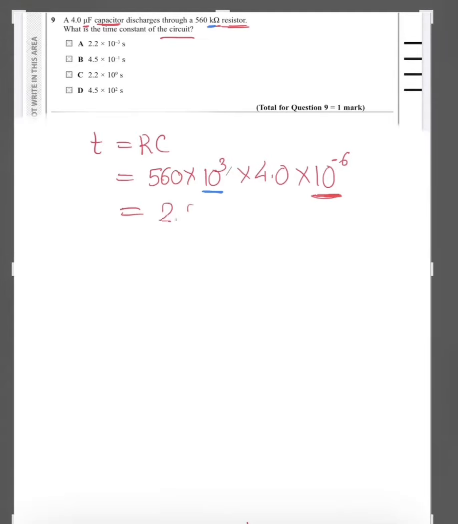So the answer will be 2.24 seconds, which is answer C. 2.2 × 10^0. We know that 10 to the power 0 is equal to 1. So C is the answer.